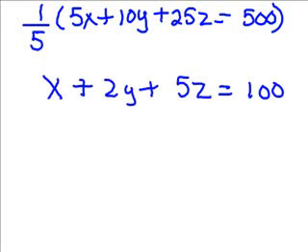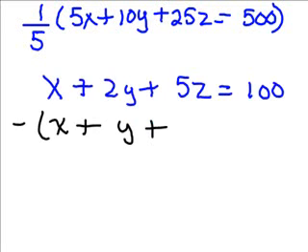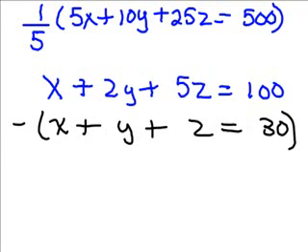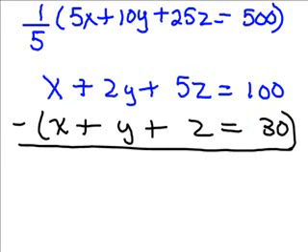All right, now I'm going to subtract out that first equation, which was equal to 30. This time I'll be eliminating the x's. You want to make sure you eliminate one of these variables.